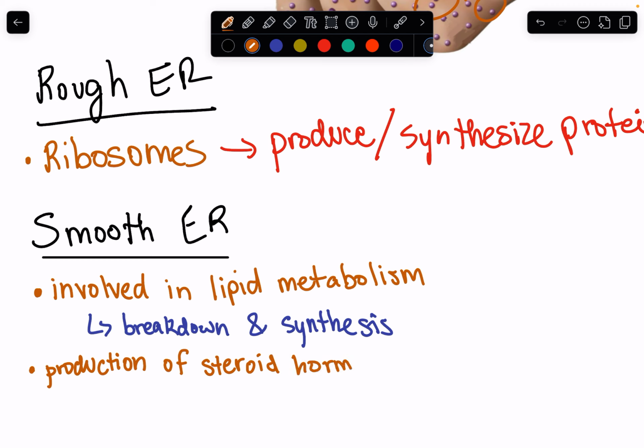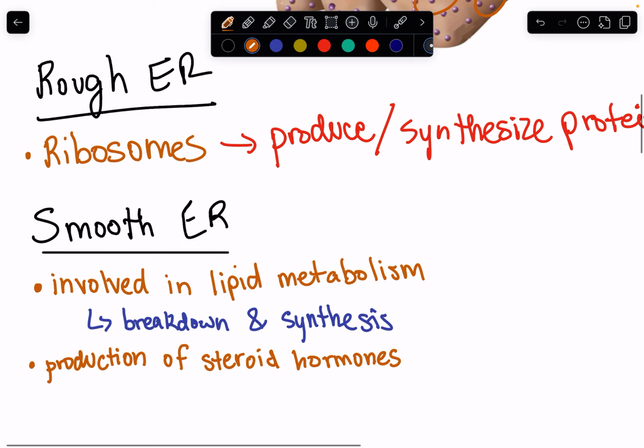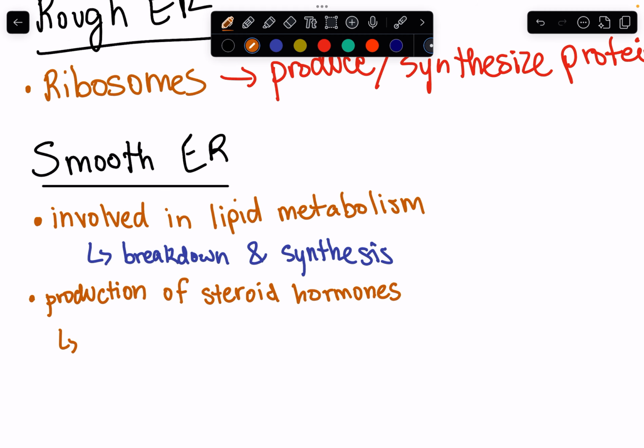Steroid hormones are lipid-based. And we also said breakdown, so we can add on to that it also plays a role in detoxification. So it's a form of detox. And it also stores calcium ions in the muscle.